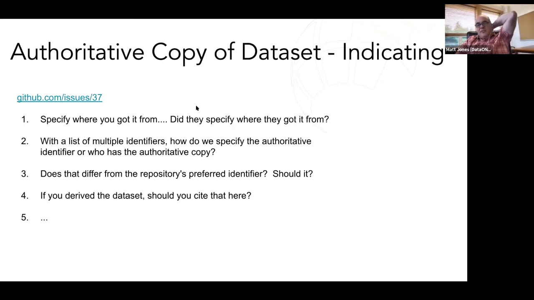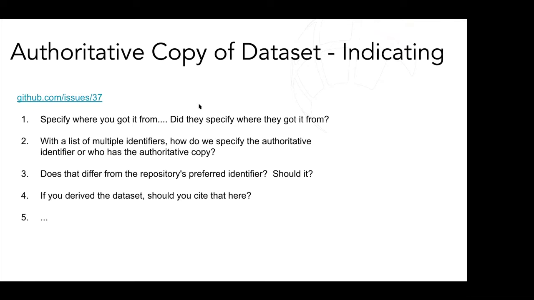Yeah, so I think these two issues, the authoritative copy of a data set and the preferred identifier, are the handles on which we attach a lot of these more complex versioning and provenance issues.